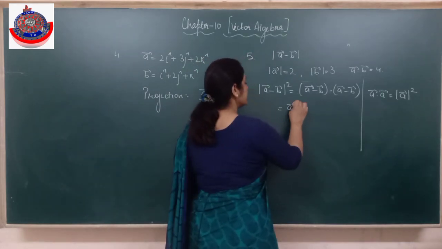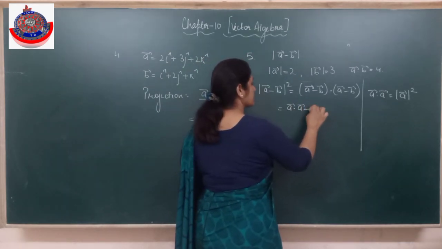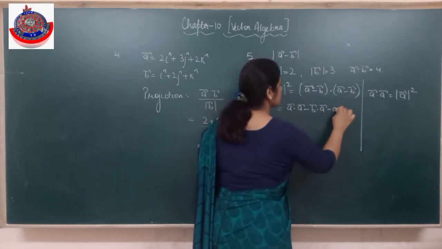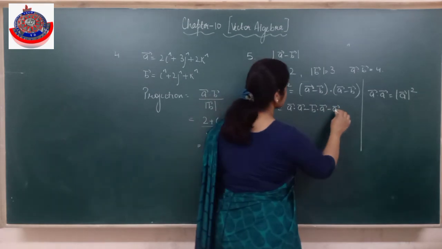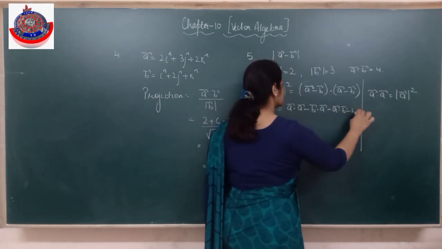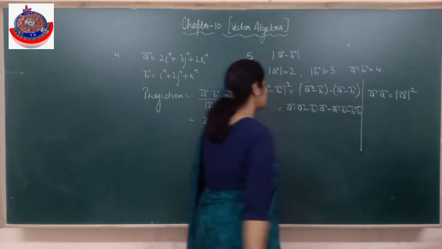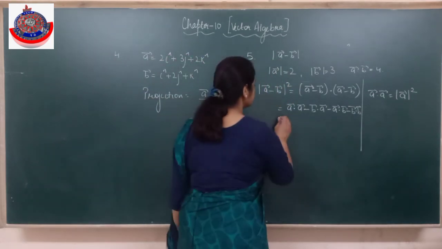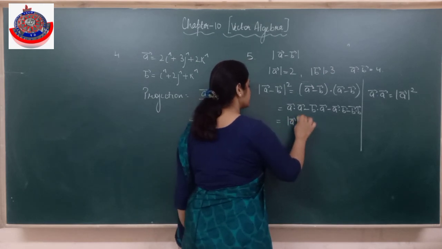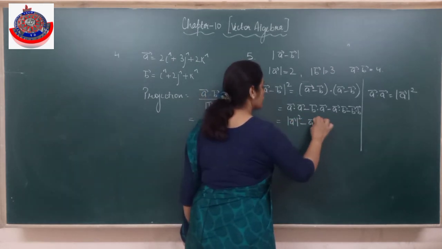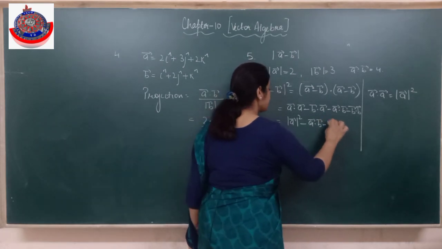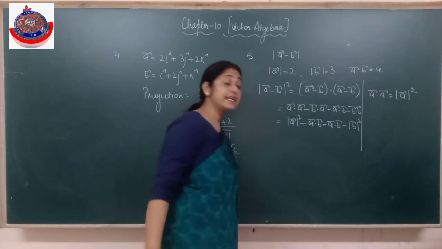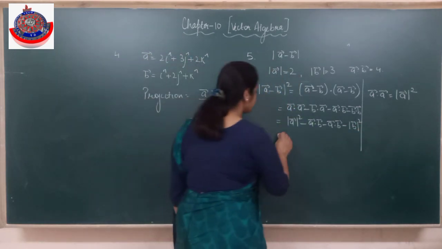Just multiply. We know that dot product is commutative, so A dot B and B dot A are the same, because it's a scalar quantity.